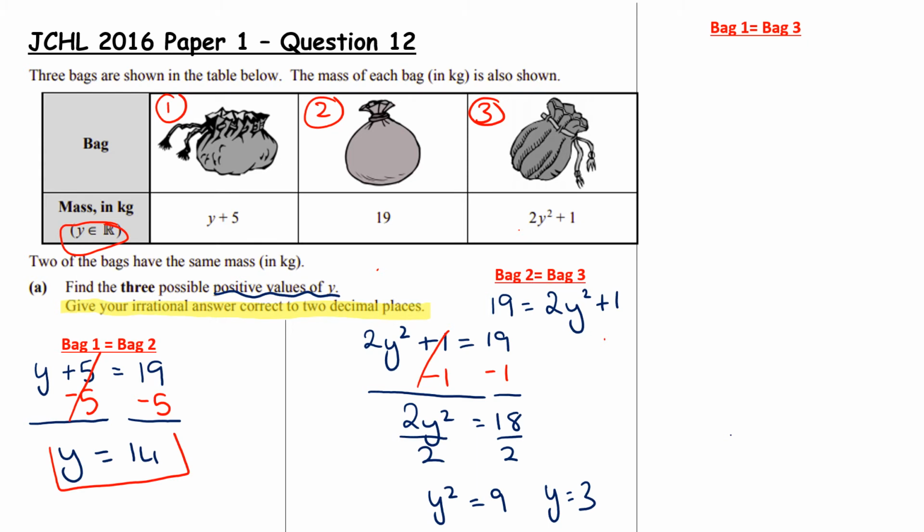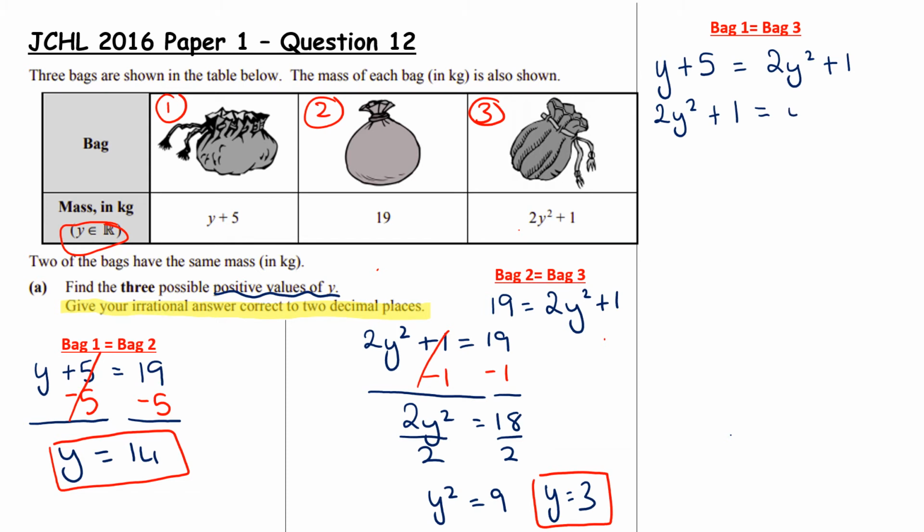So there's answer number 1, here's answer number 2, and our third answer comes from bag 1, y plus 5, equal to bag 3, 2y squared plus 1. Again, I'm going to flip this because I want to have my y squared on the left. You can work with it otherwise, but it just makes life a bit easier. I'm going to take away a 5 from both sides.